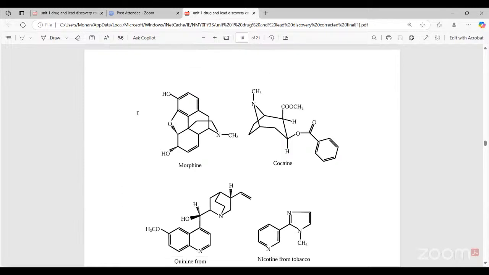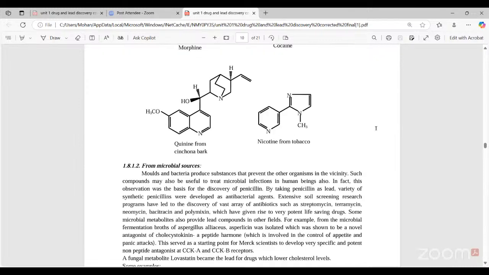The variety of products serve as antibacterial agents.